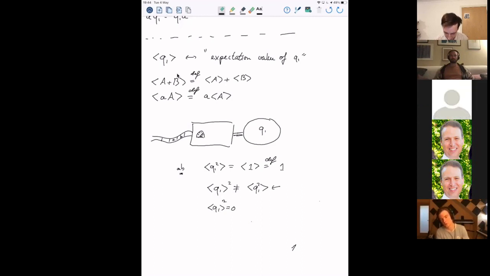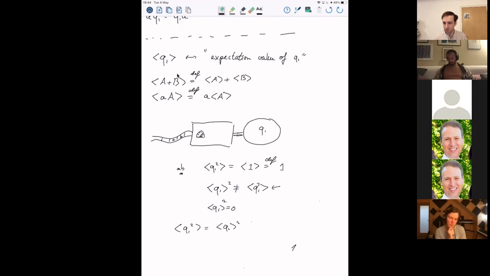In other words, if the expectation value of Q1 squared is equal to the square of the expectation value, then it just means that multiplying these results together is exactly the same as the expectation value. And in that case, the expectation value is the thing that you measured.